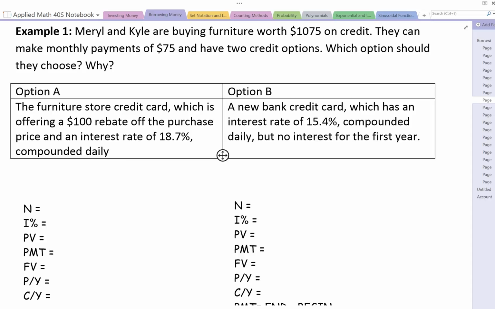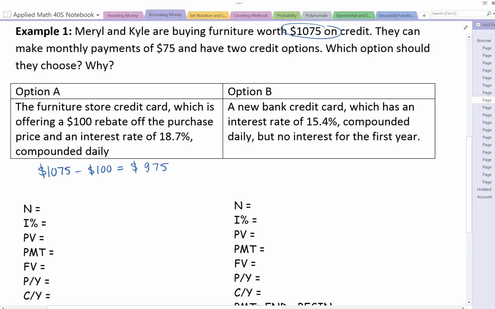So this is just a dollar amount, so we would take the original purchase price of $1,075 and take off the $100 discount. Once you do that, you only have $975 left. So already you're saving money on this furniture. It's only going to cost you $975.